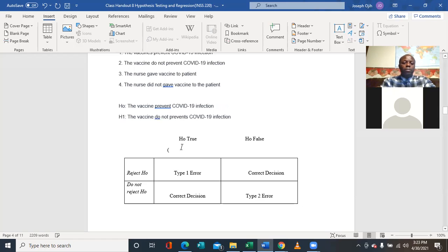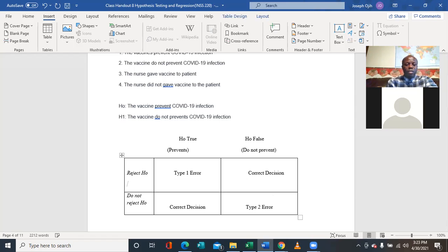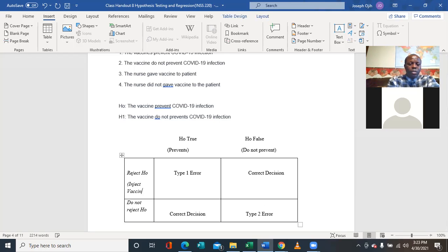And now reject H0 means that they inject the vaccine to patients.